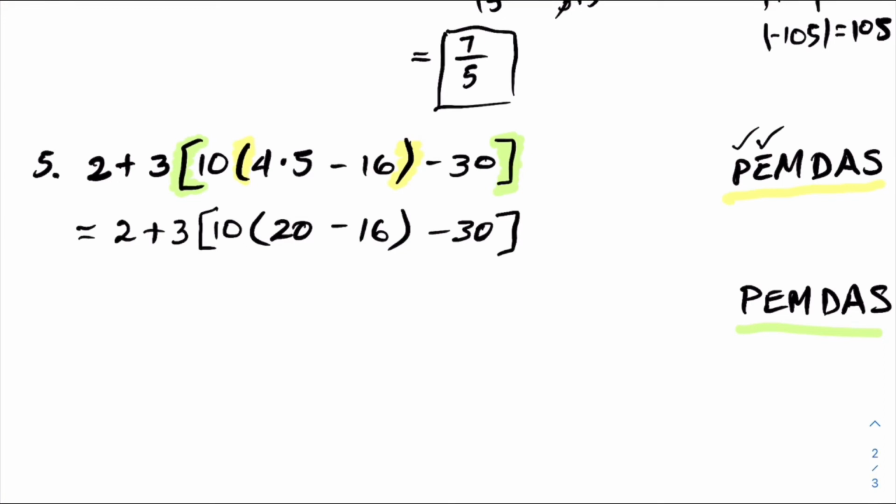Okay, we did multiplication. There is no division. There is no addition. There is subtraction, which is 20 minus 16, that gives 4.